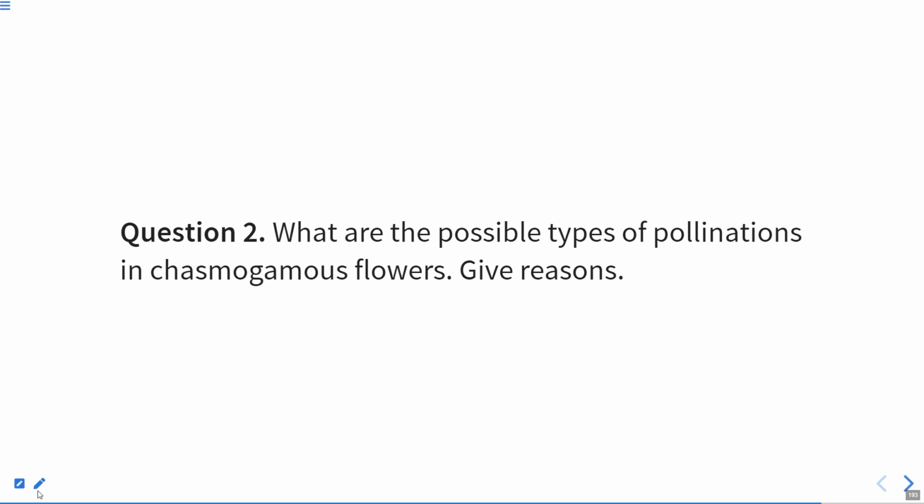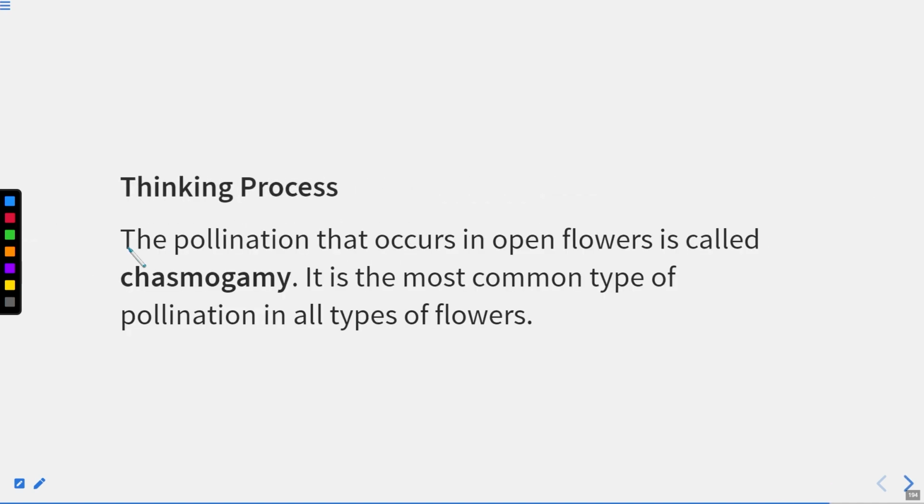Question number 2 is, what are the possible types of pollinations in chasmogamous flower? Chasmogamous flowers are those flowers that remain open, and the anthers as well as the pistil, or you can say stigma, are exposed. Now you have to give the reasons also. Let's discuss first about this.